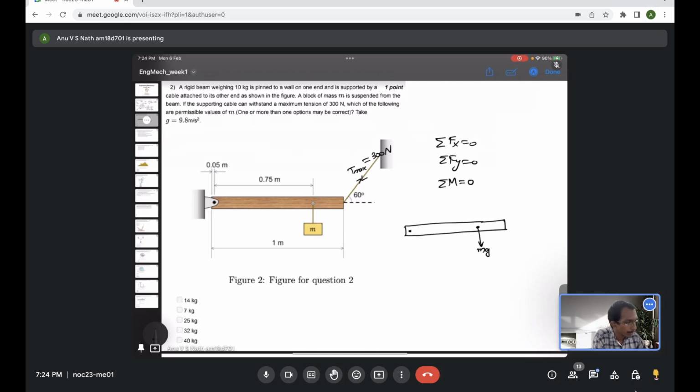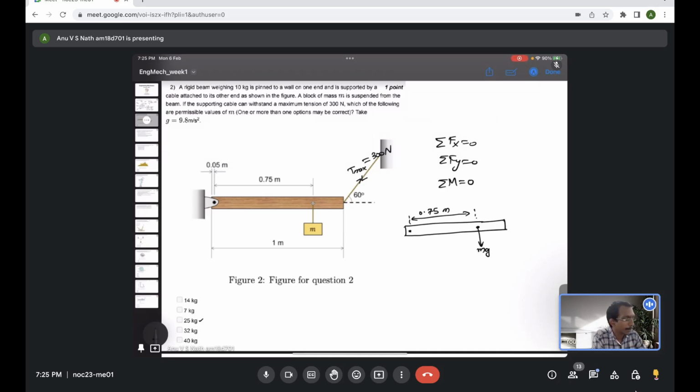Okay, in the chat box we have an answer, 25 kilogram, so I will mark it here. Remember that this is an MSQ type question, so we can have more than one answer. So what are the permissible values of M? That's the question. If anyone found any other answer, you can still reply.